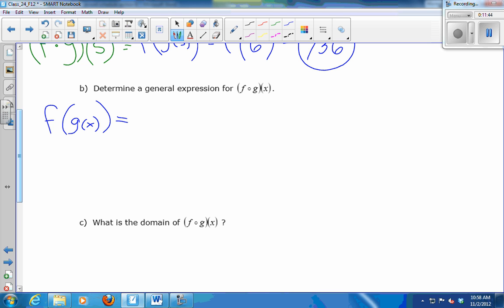Before, I plugged the x into g and got a number, and I replaced g of 3 or whatever with a number. I don't have a number this time, but I have a formula. I'm going to replace g of x with its formula. So this is going to be f of 1 over 1 plus x.